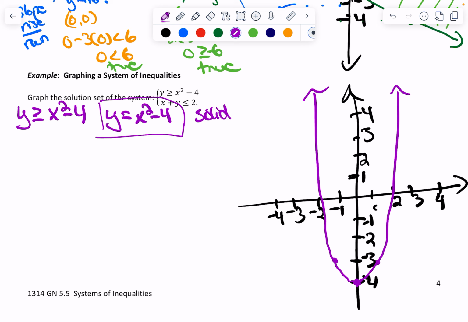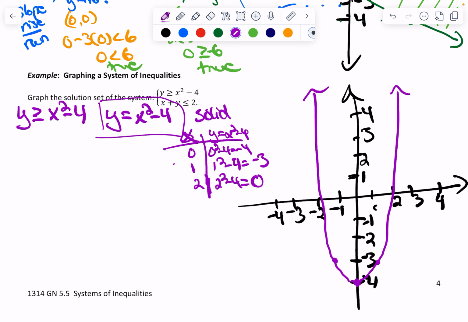We could do a table and do 0, y equals x squared minus 4. I mean, this is x. So 0, y is going to be 0 squared minus 4, which is -4, which we just plotted. Then we've got 1 squared minus 4 is going to be -3. 2 is going to be 2 squared minus 4, which is 0. So that's where the 2, 0 comes from. And these points are on the same, because it's symmetric, on the same side.